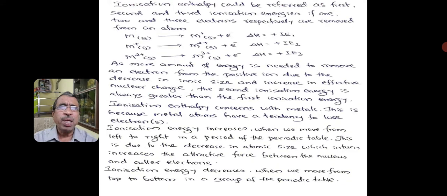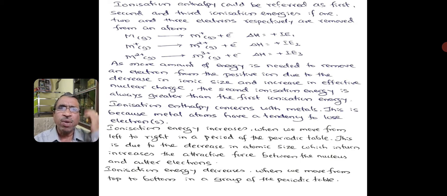Ionization enthalpy could be referred to as first, second and third ionization enthalpies or energies, if 1, 2 and 3 electrons respectively are removed. When a metal atom in gaseous state turns into the cation, that is first ionization energy.